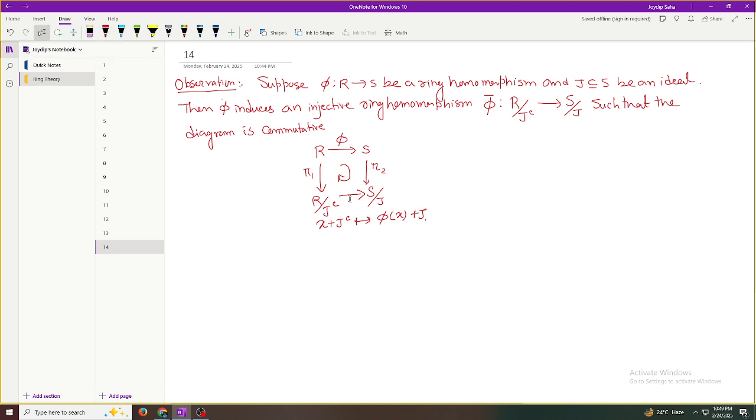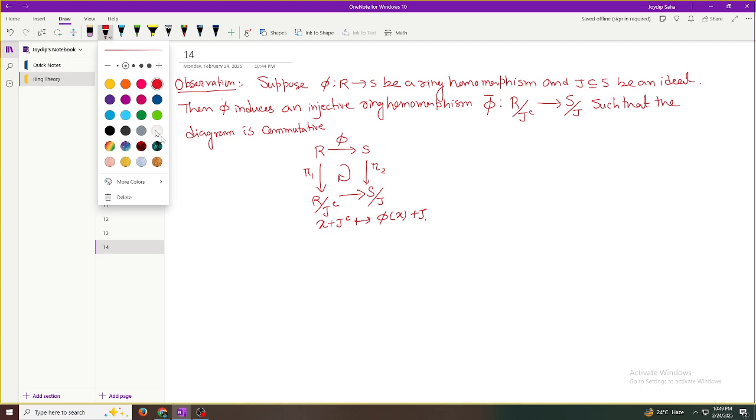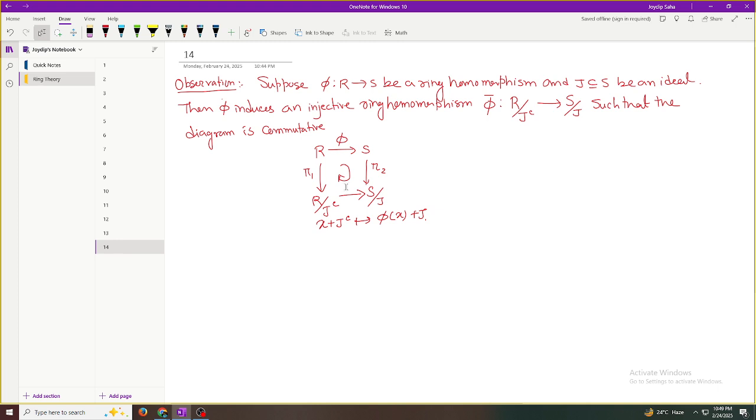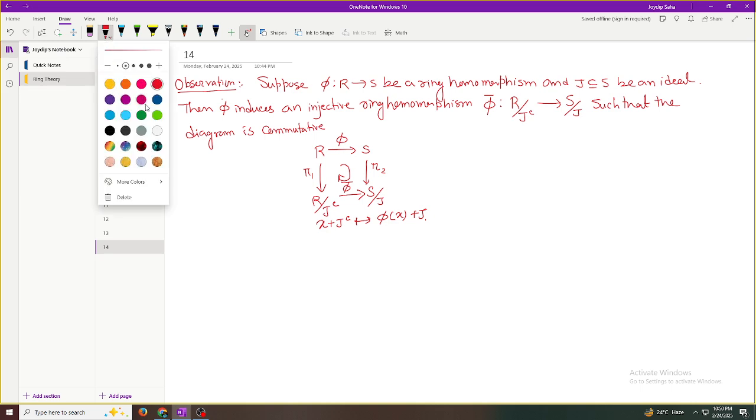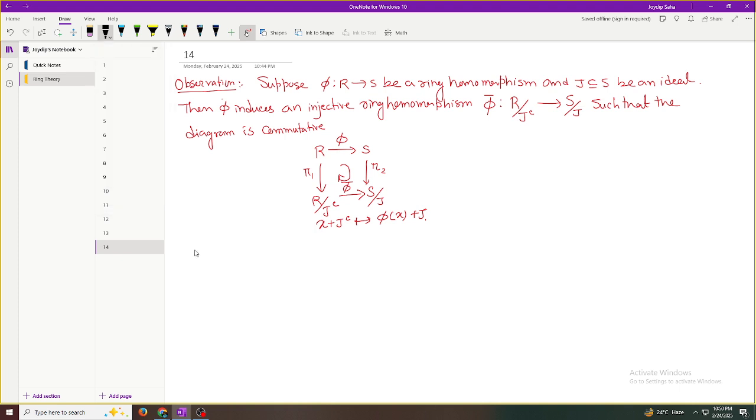What is happening here? I think this is phi bar. Okay, so we need to show this is well defined only. Ring homomorphism is obvious.